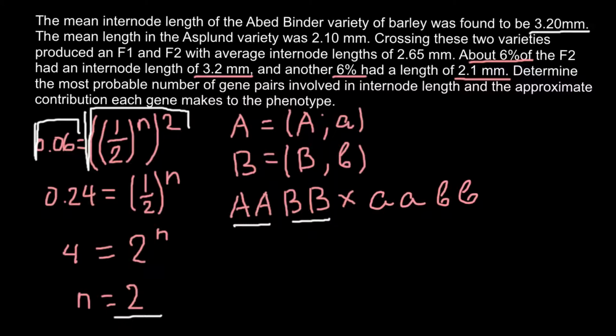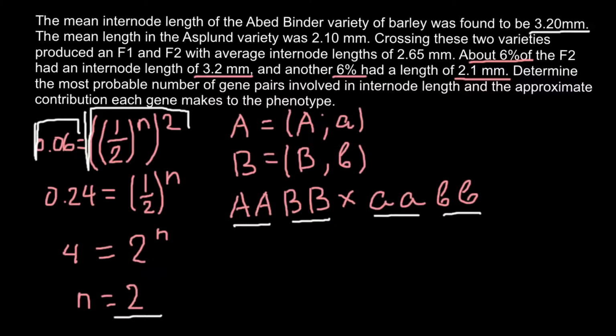Once again, here we have two genes, gene A and gene B, and each is present in a homozygous recessive state. But the total number of alleles is 4. So this genotype produces, as you see, 3.2 millimeters internode length.